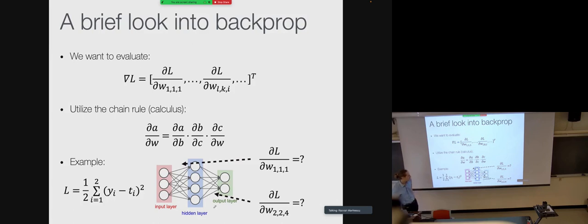This is W2 because it's in the second layer, and it goes from neuron 4 to neuron 2 in this other layer. So this is what the indices mean. So we compute the gradient of the loss with respect to all these weights, W, L, K, I.